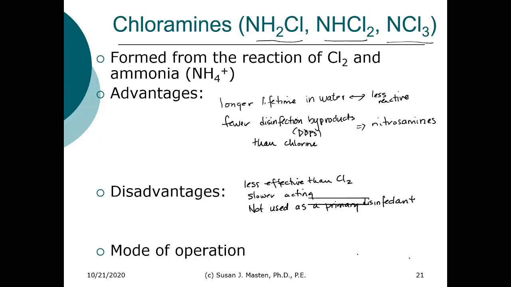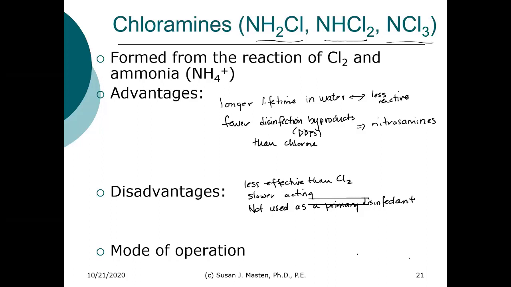Now, what does that mean? We talk about primary and secondary disinfection. Primary disinfection is that disinfection that is used to control the microbial population in the water, that's actually used to inactivate cryptosporidium, inactivate viruses, and kill bacteria.